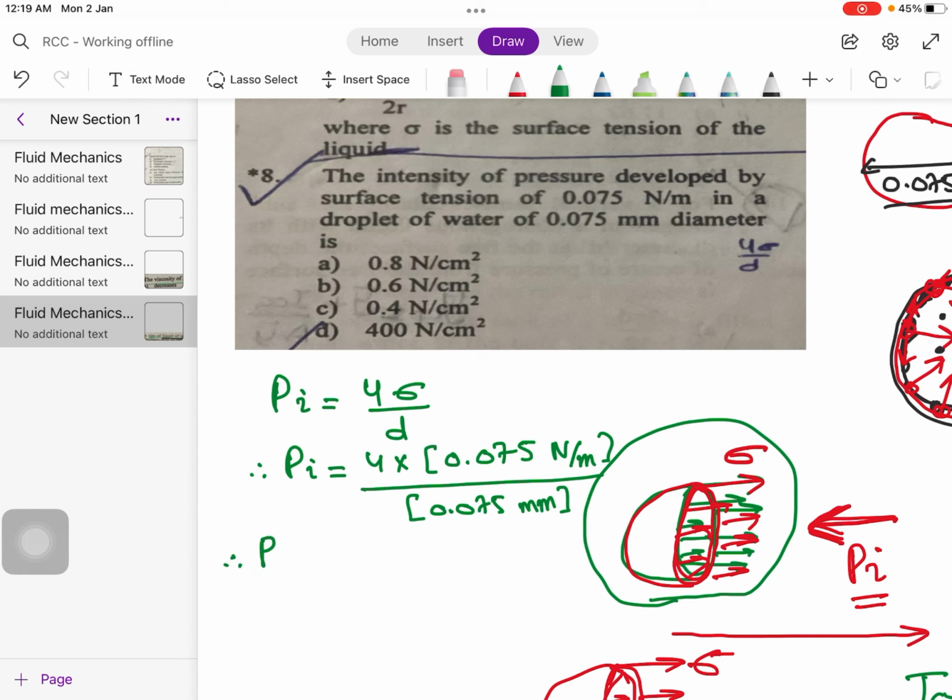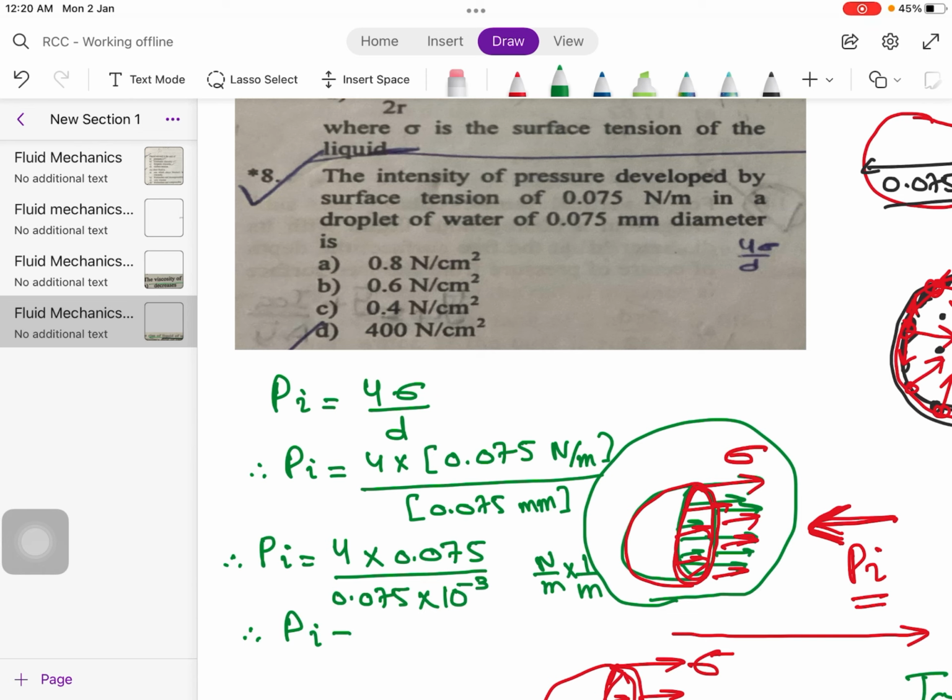Therefore, the pressure inside this water droplet is 4 times 0.075 newtons per meter upon 0.05 times 10 to the power of -3 meters.